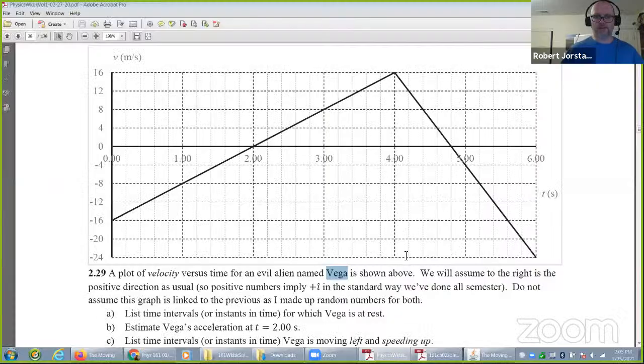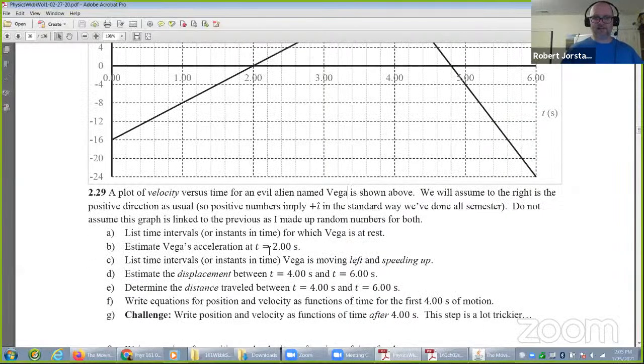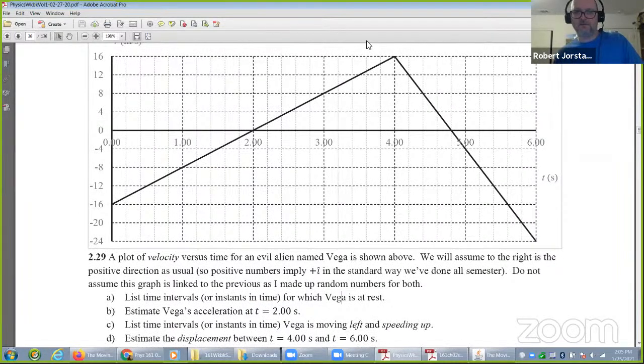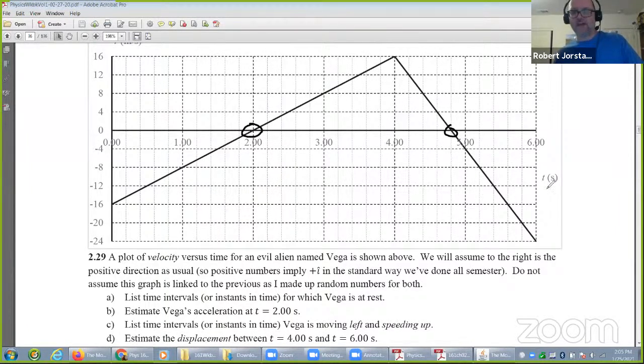Going back into there, then we're going to read this stuff. Okay, if I want the acceleration, that's the slope. If I want instances when Vega is at rest, on a VT plot, at rest is the value of V, so where it intersects. Notice this is very different than up above.